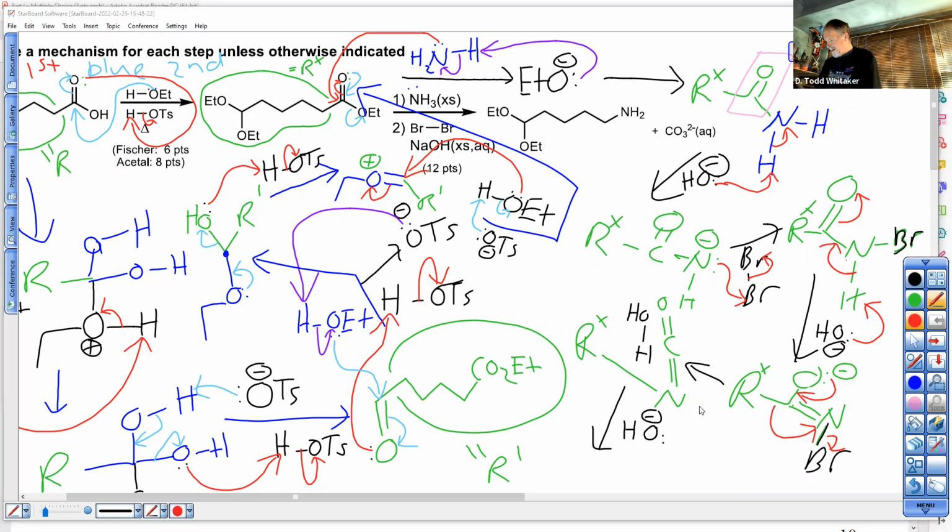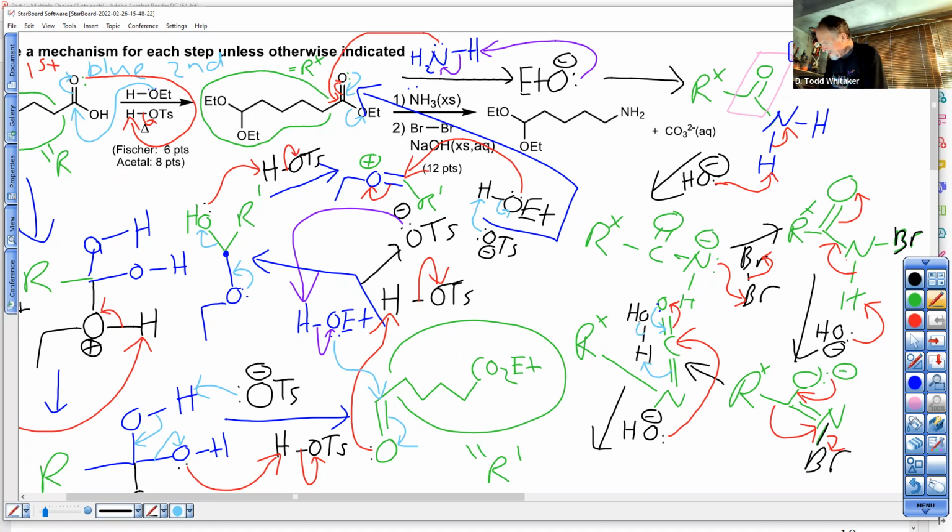Step 1, HO minus is attracted to that very positive carbonyl. It has 4 bonds to more electronegative atoms. And the lone pair on oxygen comes back, and the nitrogen picks up a proton from water.